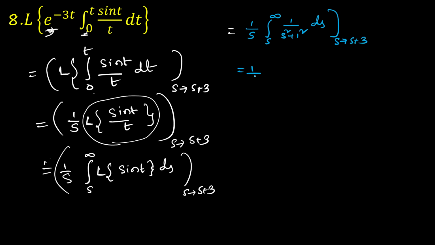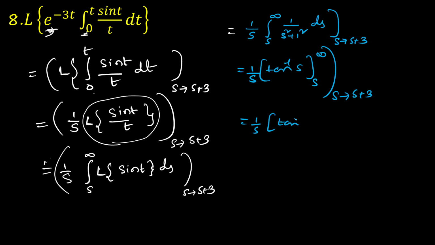So here 1 by s, integration of 1 by x square plus a square, tan inverse of s to infinity. After applying the limit, replace s by s plus 3. So you have 1 by s of tan inverse of upper limit infinity minus tan inverse of lower limit s. Again s changes to s plus 3. So 1 by s of tan inverse of infinity.